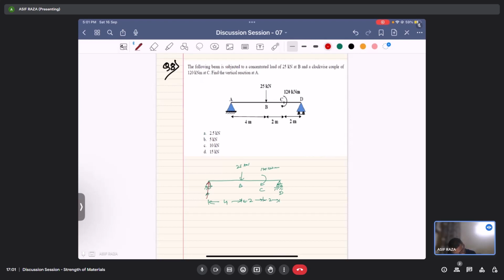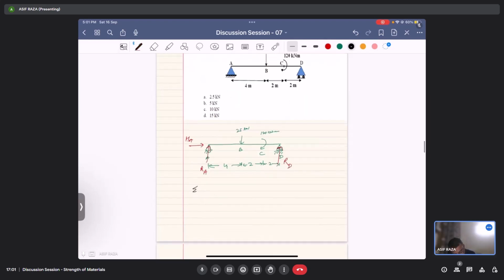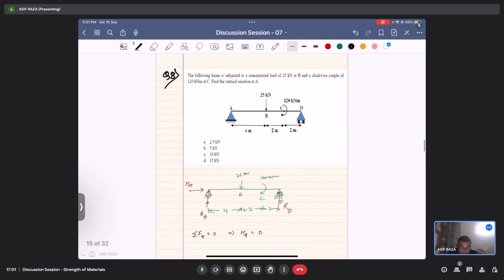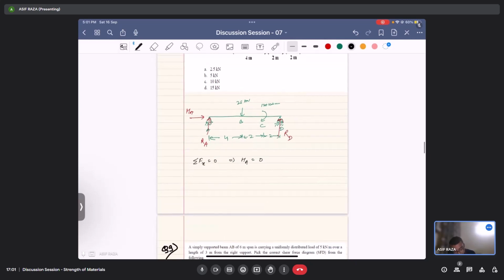Okay, so we need to find the vertical reaction at A. Reactions developing would be RA, HA and RD. First thing first, just take Fx equal to 0. This would imply HA is equal to 0. Now to find the vertical reaction at A, we take summation of moment about D equal to 0.